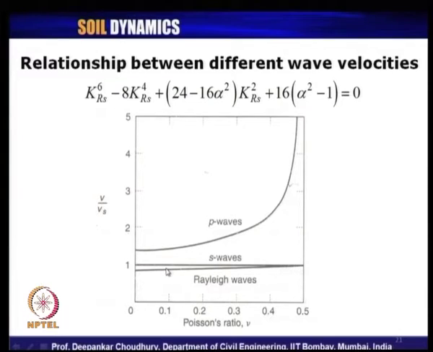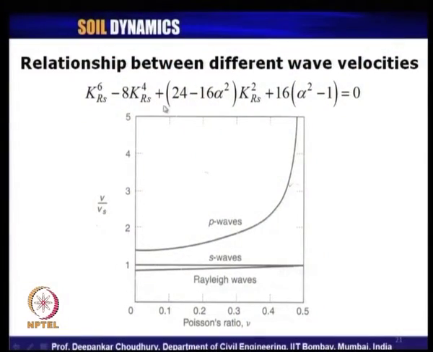So, that is the practical design consideration most of the time we geotechnical engineers use. So, the practical value used by geotechnical engineers for Rayleigh wave velocity is about 0.9 times the shear wave velocity, though the exact value can be easily computed by solving this expression, depending on the values of Poisson's ratio. Okay.